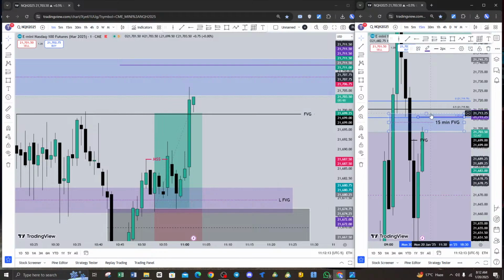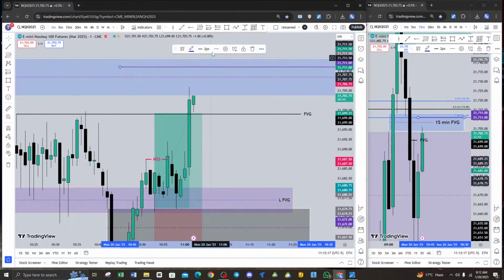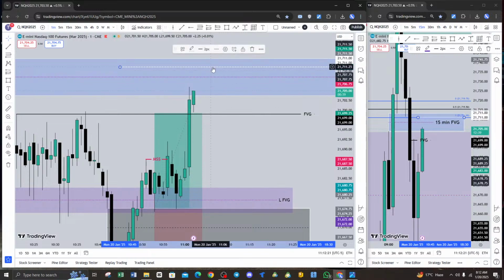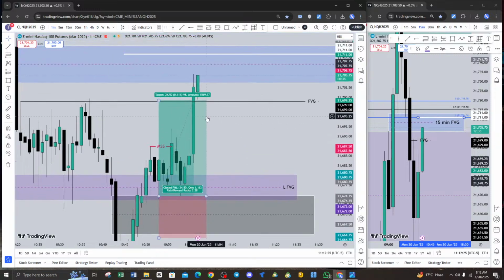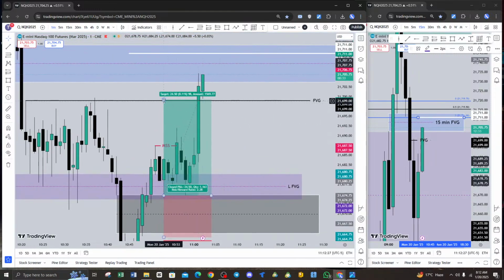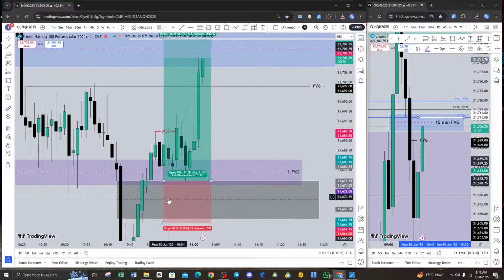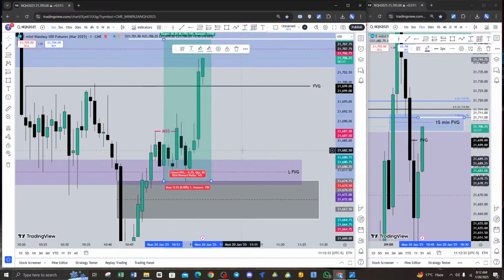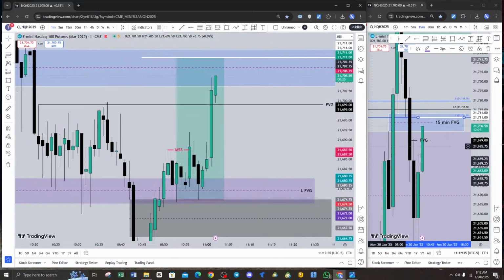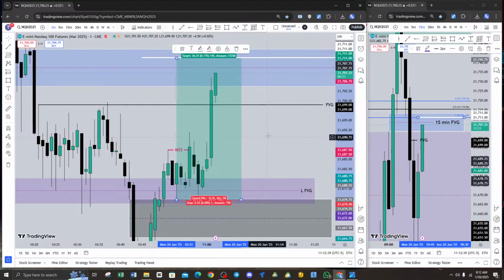Wait, let me make it white. Okay, the market will reach until this level. So this would be my first partial, and now my stop loss is on the break even. Let's see if the market will reach until that.